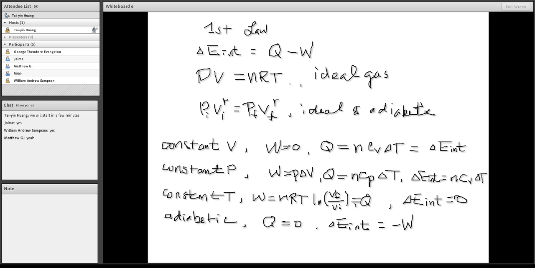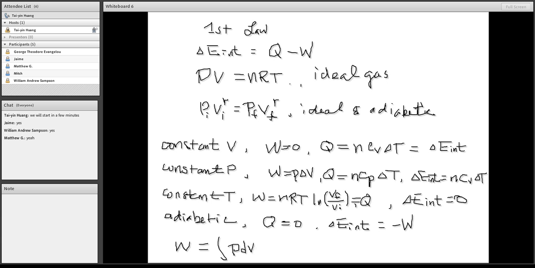Okay, and of course, if you want to calculate work, you can use the definition for an adiabatic process. It is a little bit more involved because you have to use calculus. Take for example W, that's defined as the integral of P dV, right?